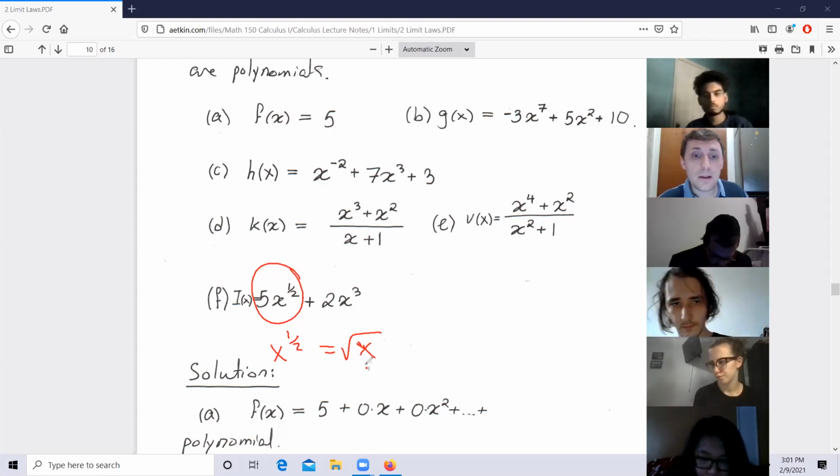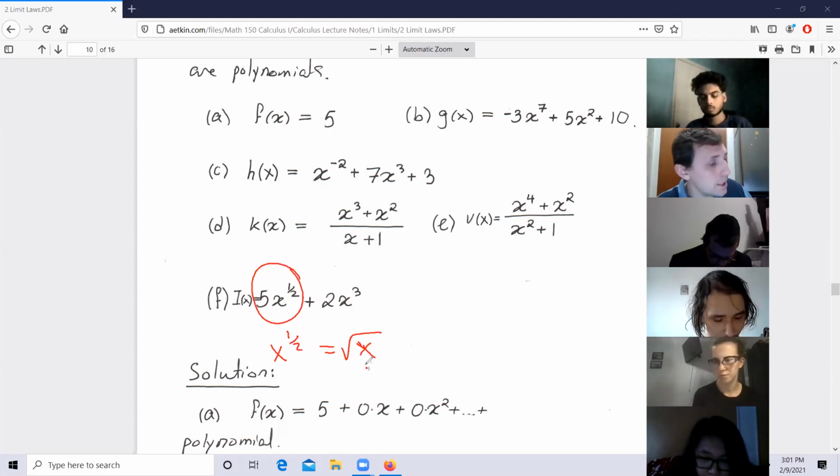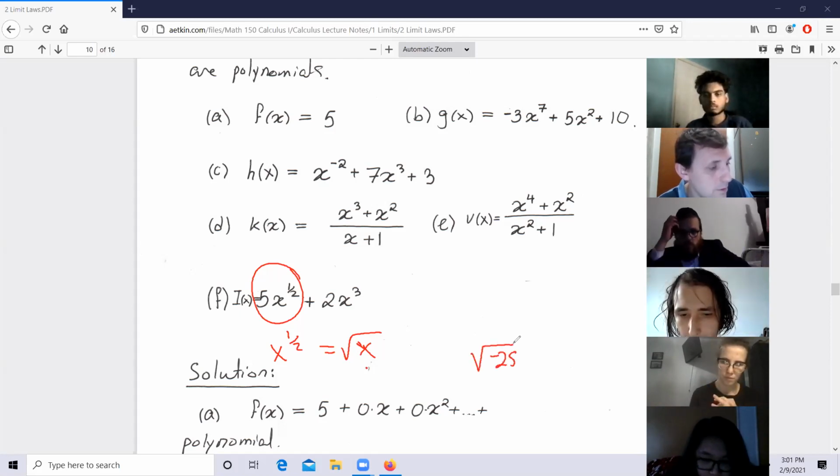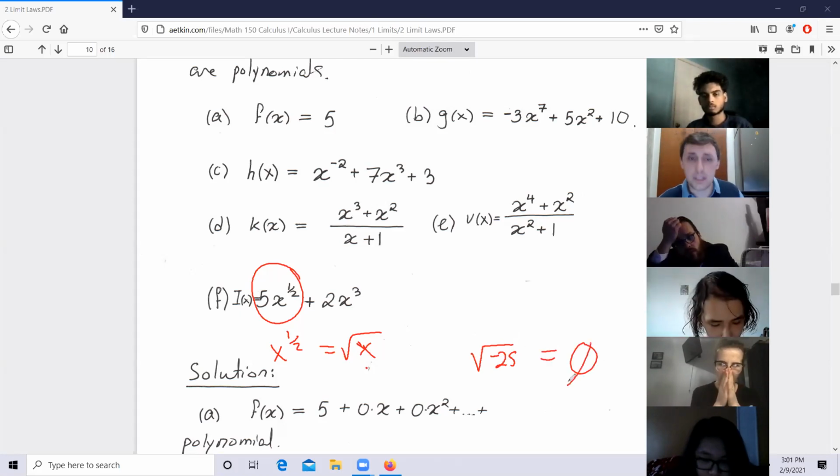Well, one thing is this, guys. You know that addition and multiplication work for all numbers. But let's say the square root of minus 25 is undefined. If you take a positive number multiplied by itself, you get a positive number. If you take a negative number multiplied by itself, you get a positive number.